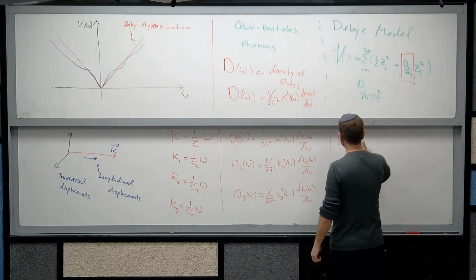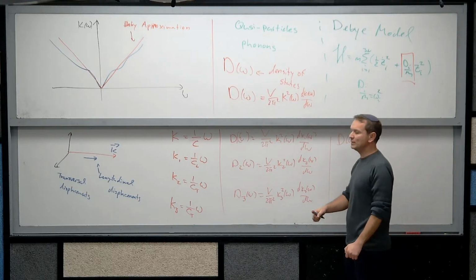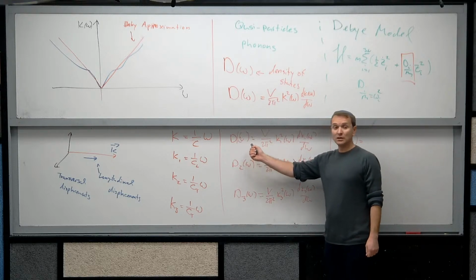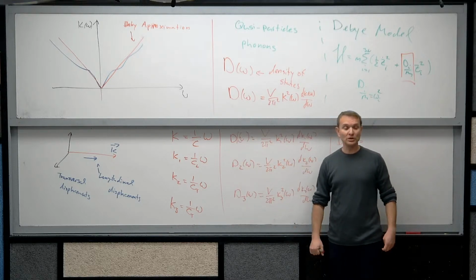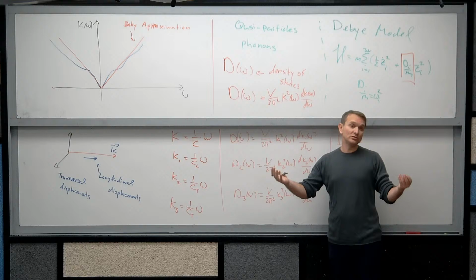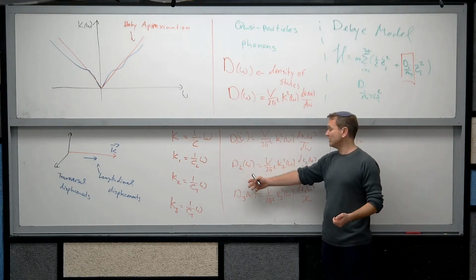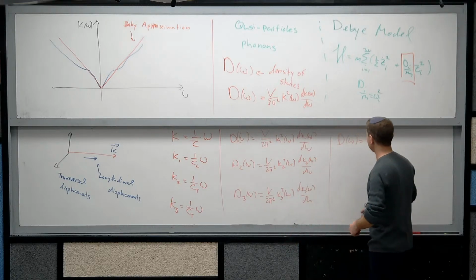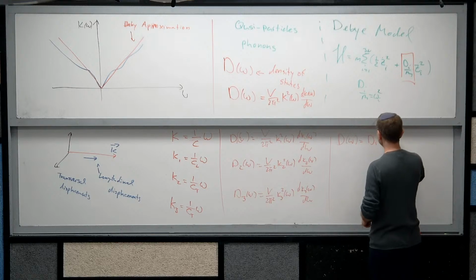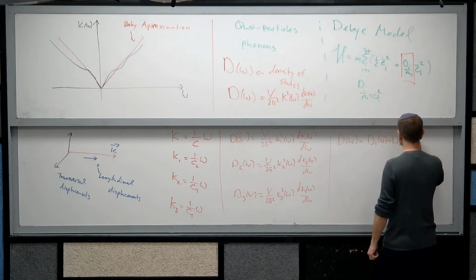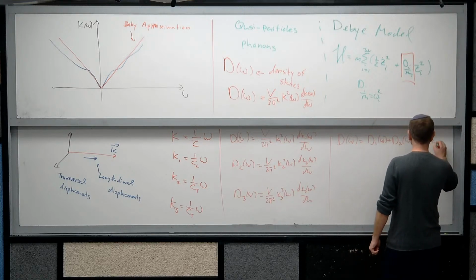Now, D of omega is just a sum of the densities, because there is a superposition of waves, so we can always add the contributions of waves. So the density is simply a summation of the different densities of the different wave states. So D is D1 of omega plus D2 of omega plus D3 of omega.